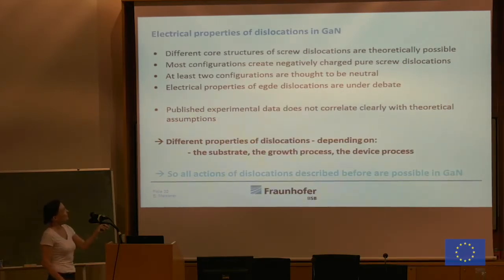At least 2 configurations are thought to be neutral, and the electrical properties of the edge dislocations are different from the electrical properties of a screw dislocation, but all the experimental data, as you can imagine, does not fit perfectly to the theoretical assumptions that are made, because the analysis of such dislocations in their electrical nature is quite difficult.